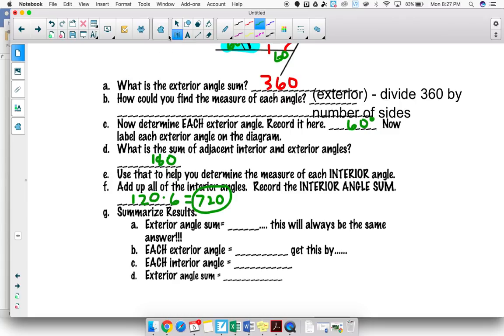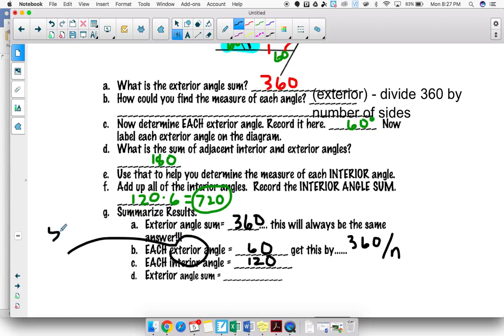Okay, so in summary, the exterior sum is 360. Each exterior angle is 60. And we got this by doing 360 divided by the number of sides. I'll just put n. Each interior angle was 120 because these two are always supplementary.